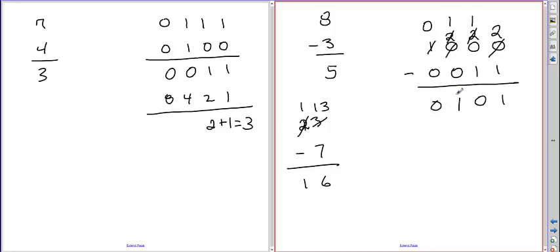Again, to convert this back into a decimal number, we're going to write these powers of 2 here and multiply them out. So you get 0, 4, plus 0 plus 1, which is 5. And there you go. Pretty cool, huh?